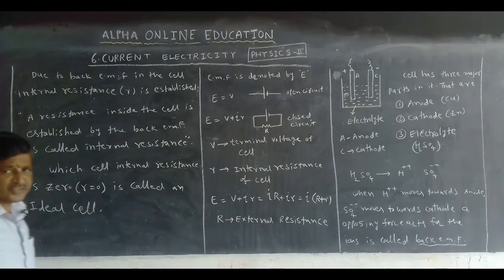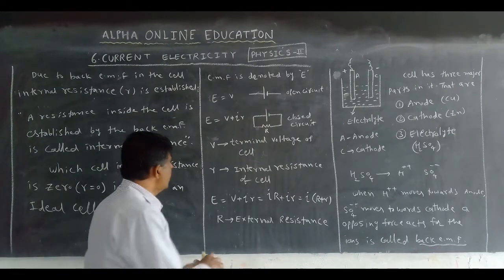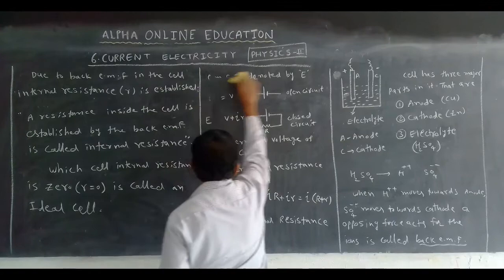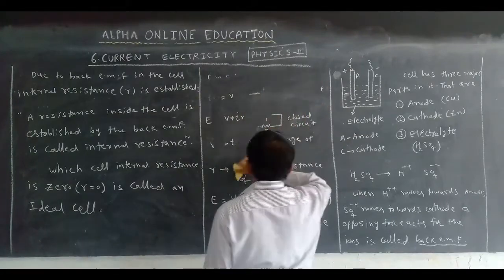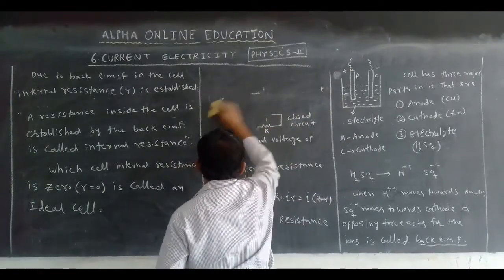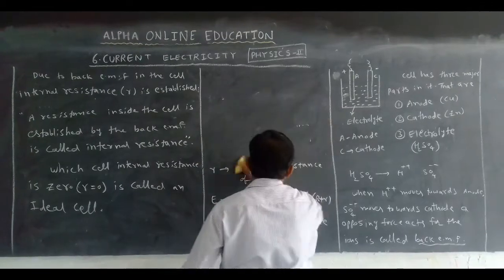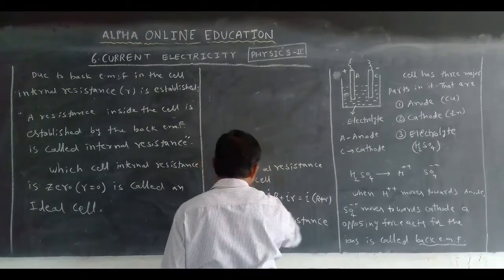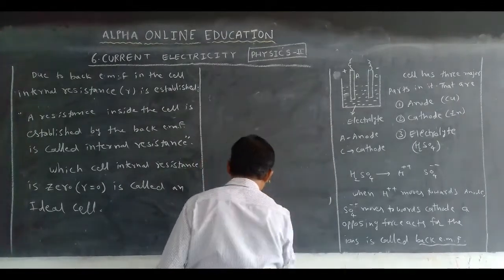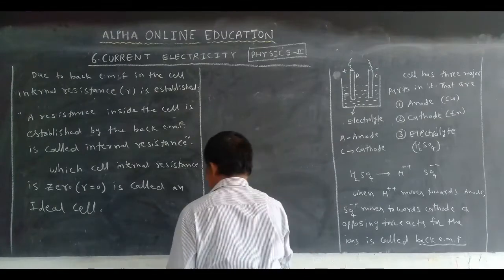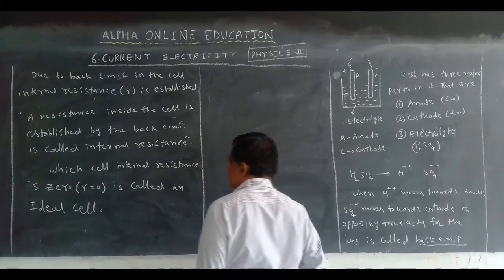Now this is also one of the important questions. What is an ideal cell? Which cell's internal resistance is zero? That cell is called an ideal cell.